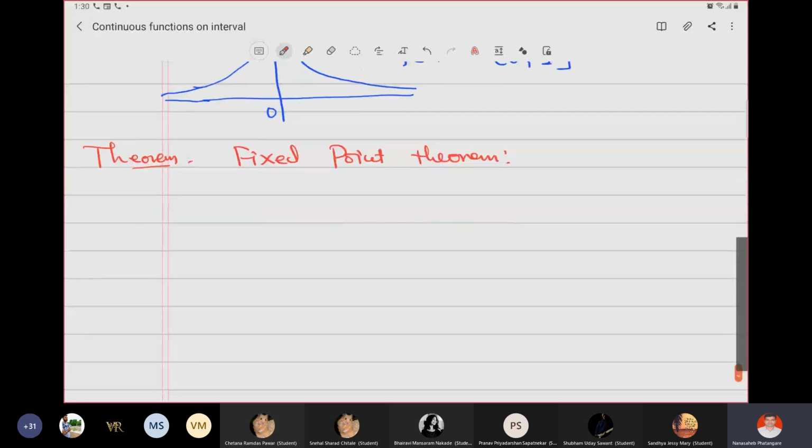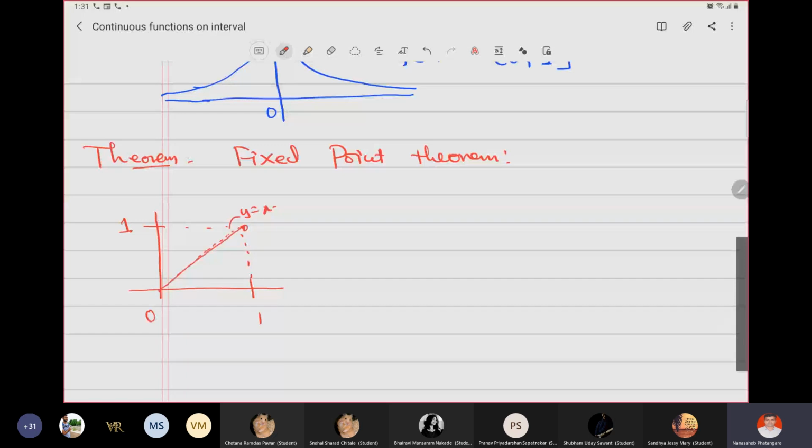And what does this fixed point theorem say? Suppose I have a function on the interval [0, 1], and suppose its codomain is also [0, 1], and suppose the function is continuous. Okay, this is the line y equals x, and I have some function.